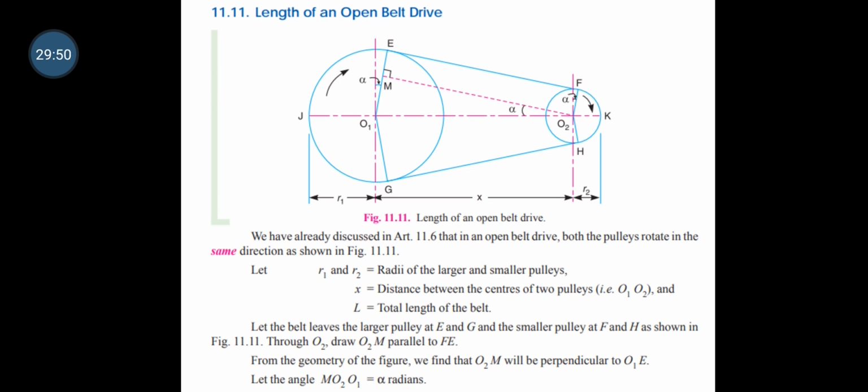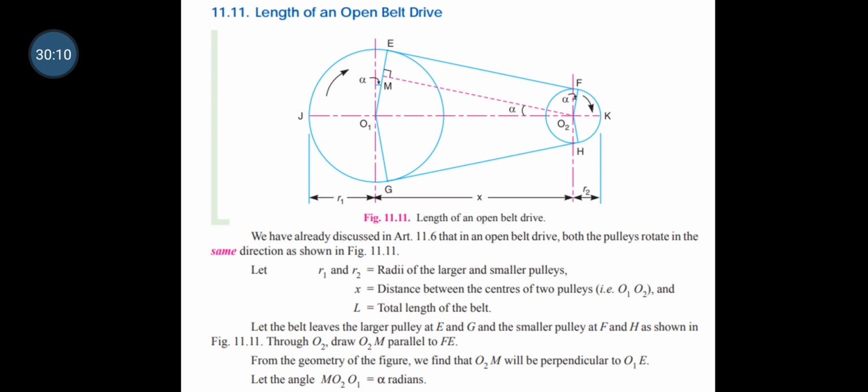From the geometry of the figure, we find that O2M will be perpendicular to O1E. So let the angle MO2O1 be equal to alpha radians.